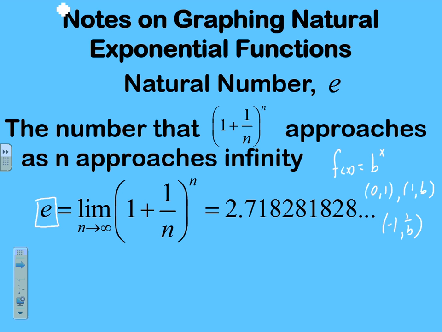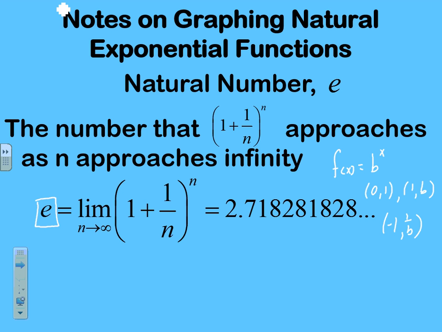Well, e is a naturally occurring number that we would classify as a transcendental number because it is an irrational number that just never repeats itself. This is one of the few types of transcendental numbers that we're going to see in our units of study.